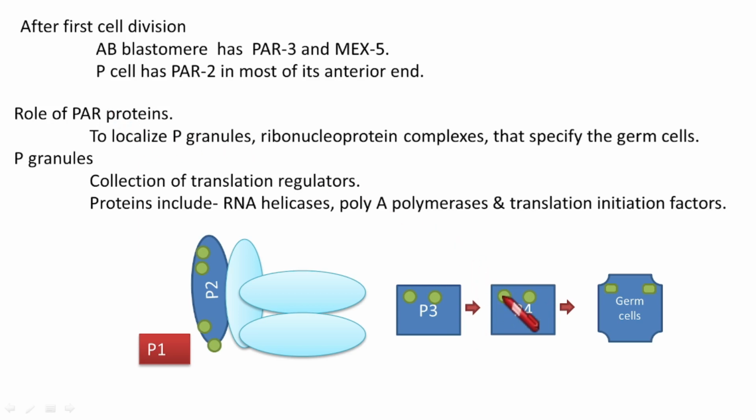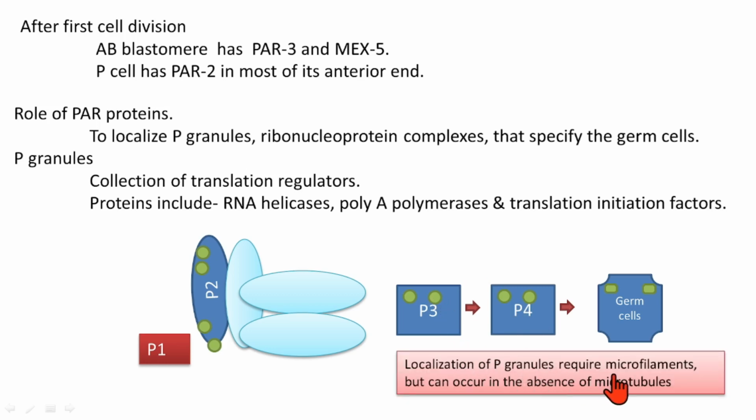Okay, and with the help of what structure are these P granules localized? That is with the help of microfilaments. Do not get confused that it is with the help of microtubules. Microtubules are not required for localizing P granules. What is the difference between microfilaments and microtubules?